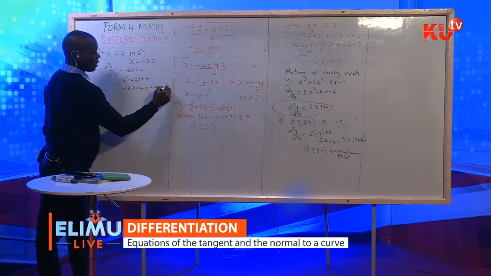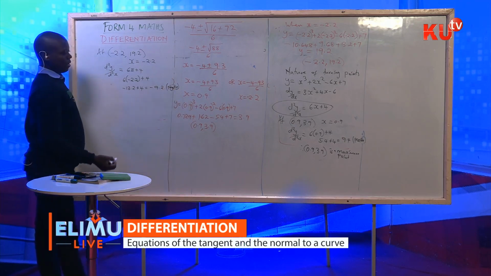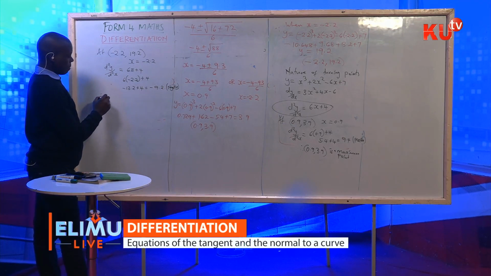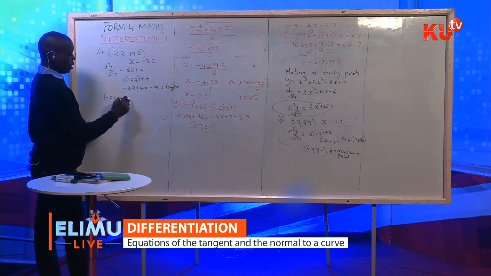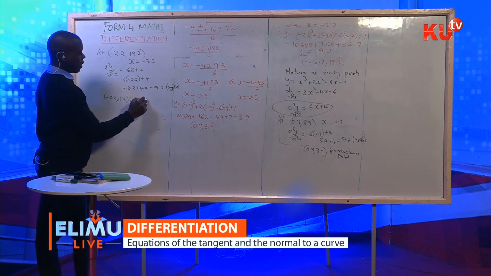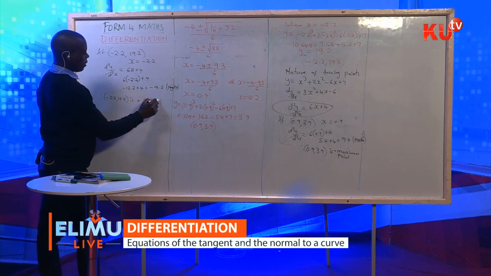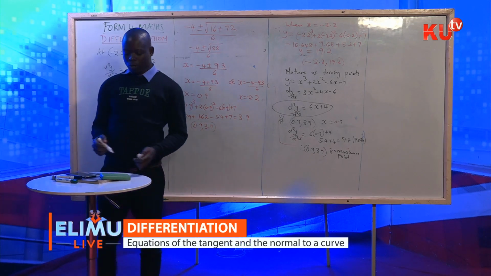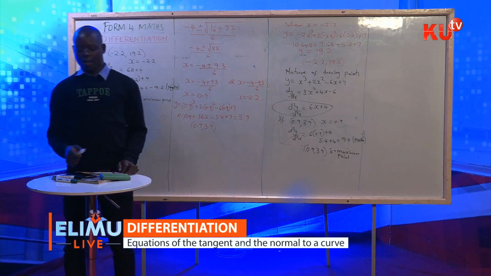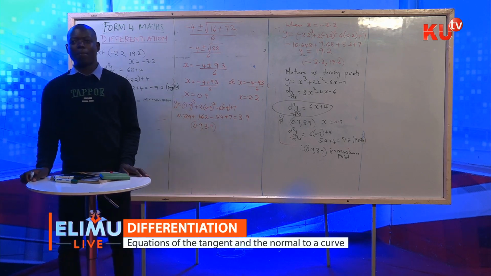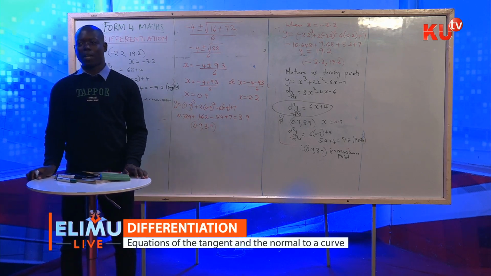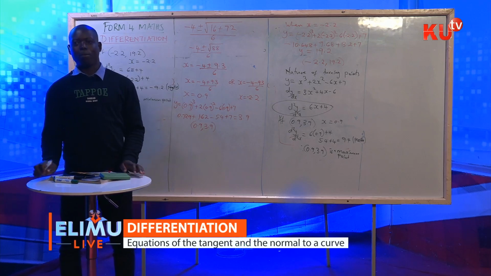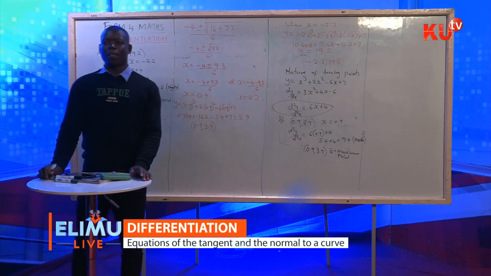That value is negative, implying, therefore, that the point negative 2.2, 19.2 is a minimum point. So that is the simplest way, students, to determine whether the given points are minimum or maximum.